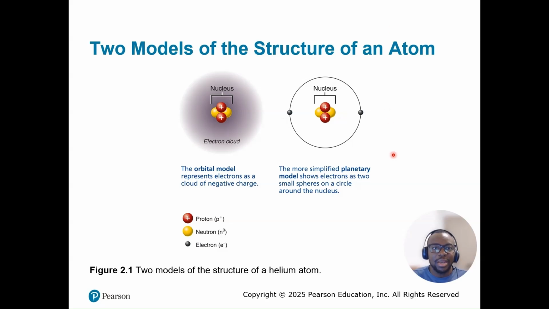On the other hand, the orbital model depicts electrons as clouds of negative charges. It describes electrons existing in regions of probability called orbitals rather than fixed orbits. The orbital model is more useful in predicting chemical behavior of atoms. However, for the sake of this lecture, we will stick to the planetary model to simplify the concepts.